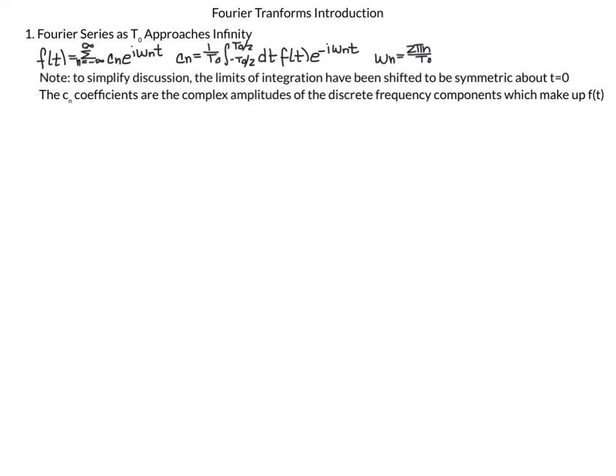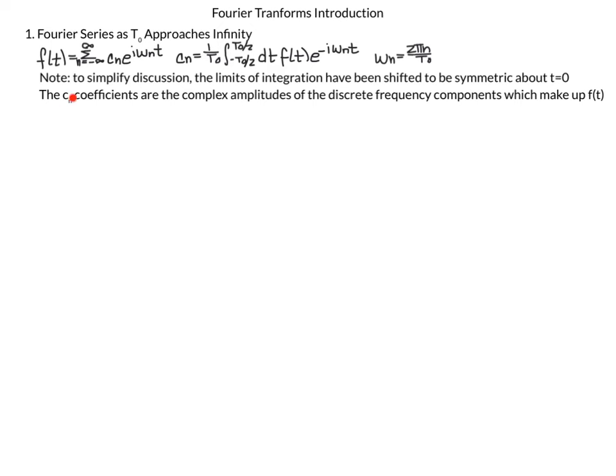The way we approach Fourier transforms is to look at Fourier series as our period t0 approaches infinity. This is our formula again for our Fourier series. The one thing we did do here to simplify our discussions is make the limits of integration shifted over so they're symmetric about t equals 0.